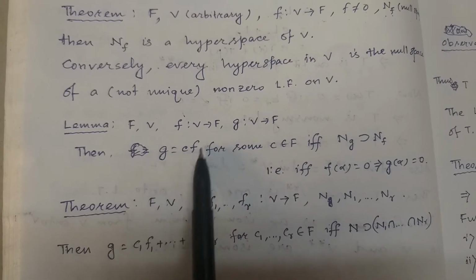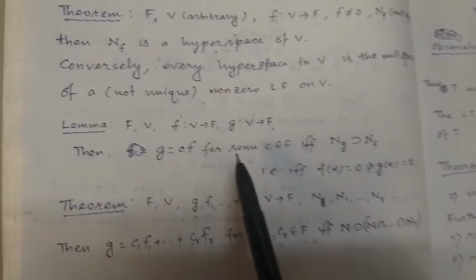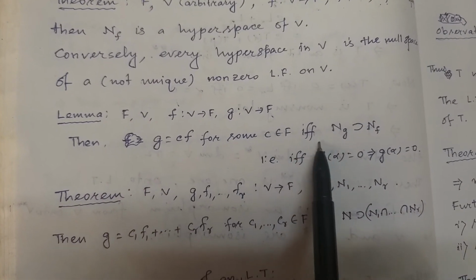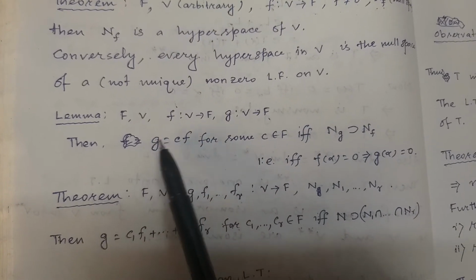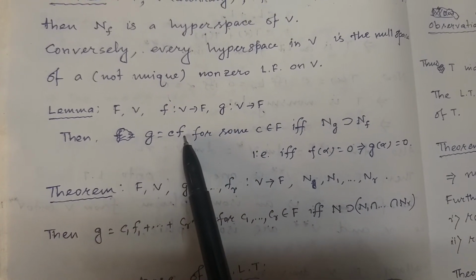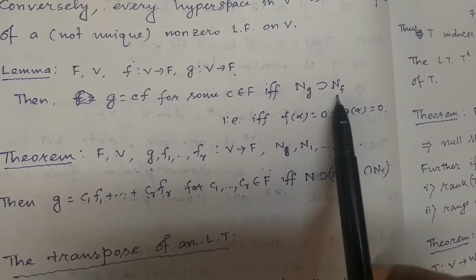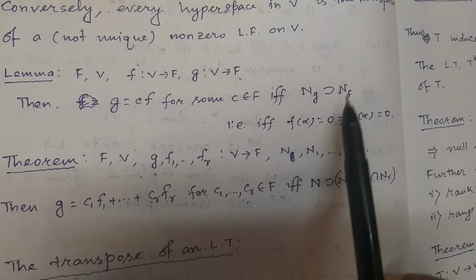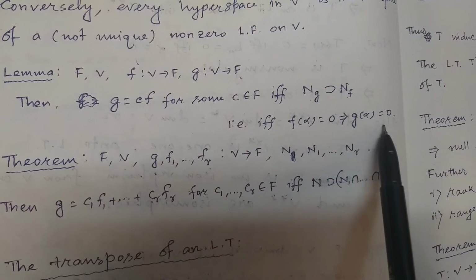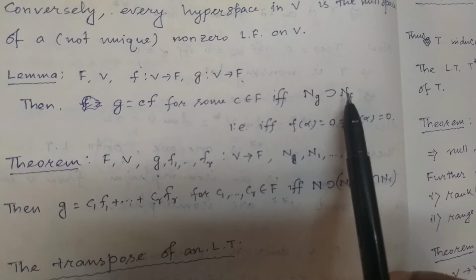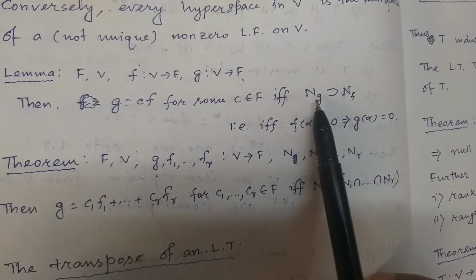Okay, g can be written like this if and only if the null space of g contains the null space of f. Again, null space of g contains null space of f means f of alpha equal to 0 implies g of alpha equal to 0, because every element here is an element here.